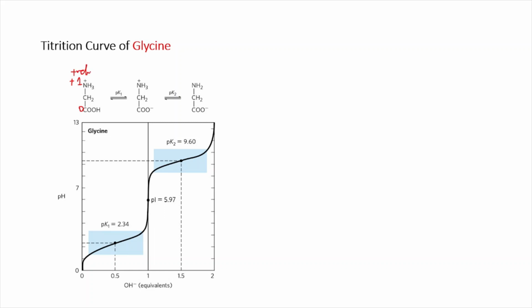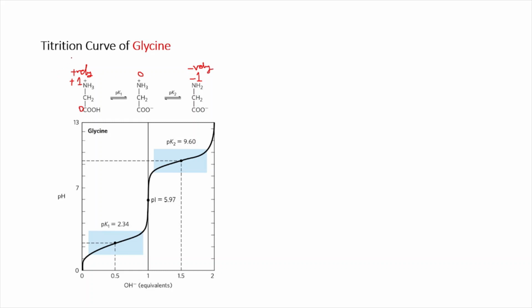At the zwitterionic form the charge is zero, because the plus charge of the NH3 plus group is balanced by the equal and opposite charge of the COO minus group. And at high pH values you have a charge of -1, because the NH2 group doesn't carry any charge, and the COO group carries a negative charge of -1. So at high pH values it is negatively charged.